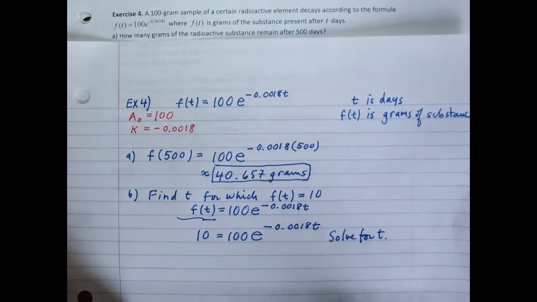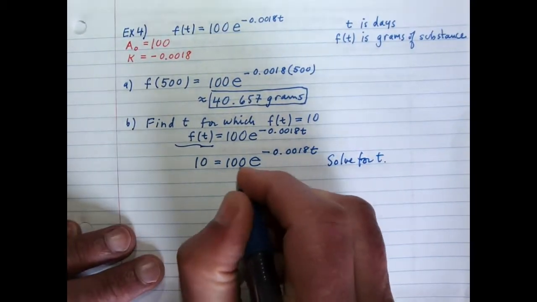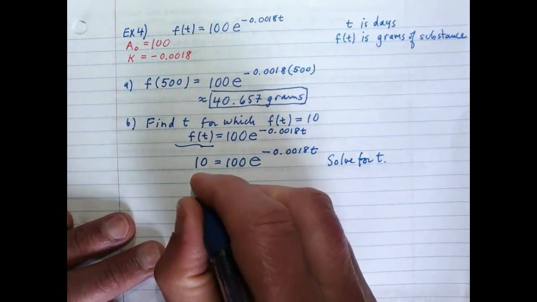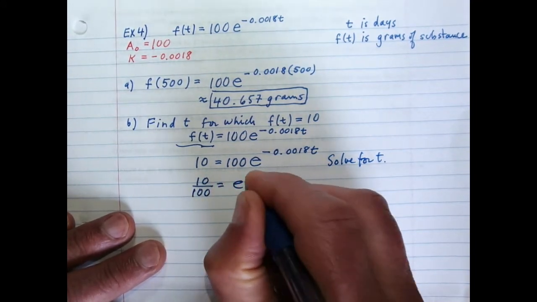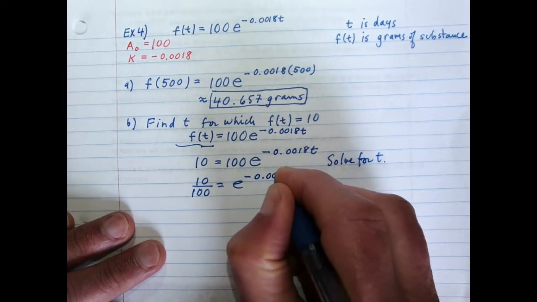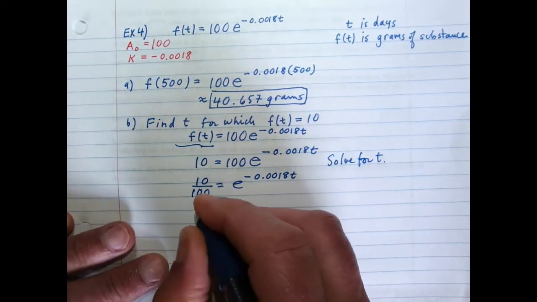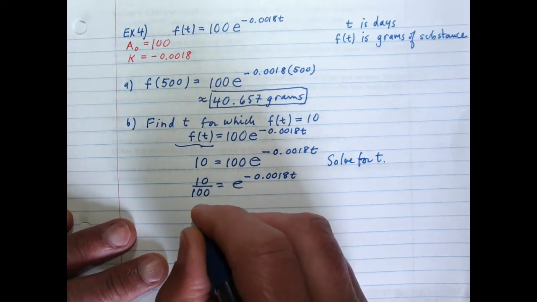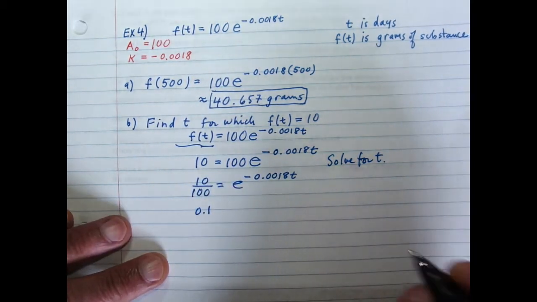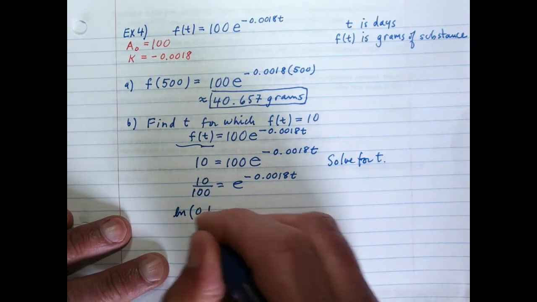So here we go again with isolating the exponential. We'll have 10 over 100 equals e to the negative 0.0018t. 10 over 100 is just 1/10, or 0.1. And take ln of both sides.